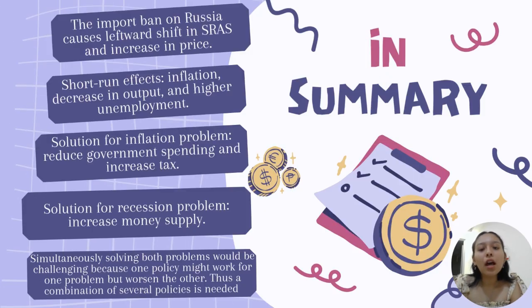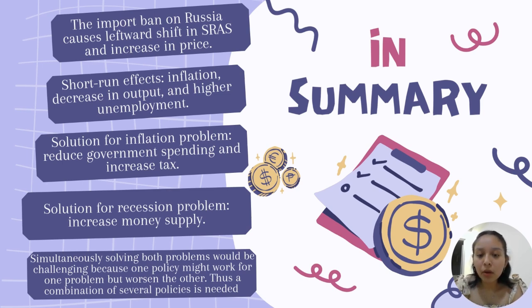In summary, the import ban on Russia will cause a leftward shift in the short-run aggregate supply and an increase in price. The short-run effects would be inflation, decrease in output, and higher unemployment. A policy that would be adopted to solve the inflation problem would be to reduce government spending and increase tax.